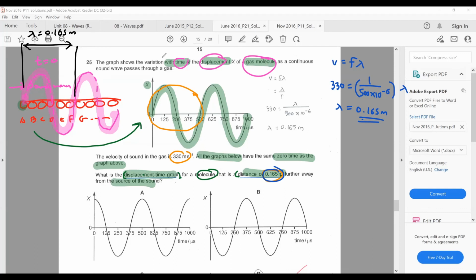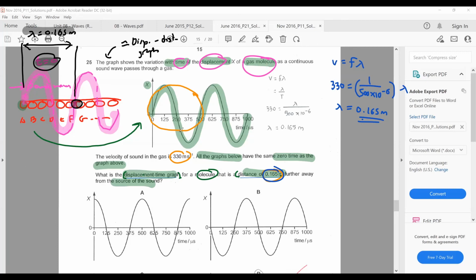Just now I mentioned that this one will be t equals 0. It's kind of like your displacement distance graph. So this is the shape you have for t equals 0. You want to pick a particle that is 0.165 meter away, meaning you want to pick a particle that is one wavelength away. So it will be a particle here.